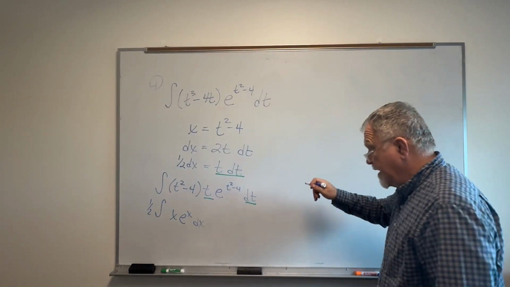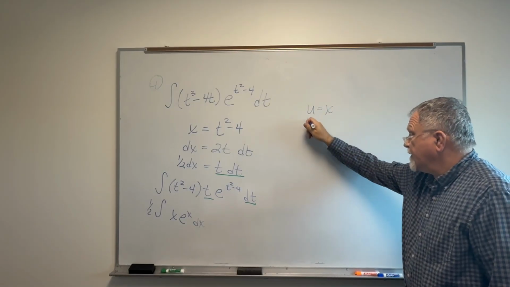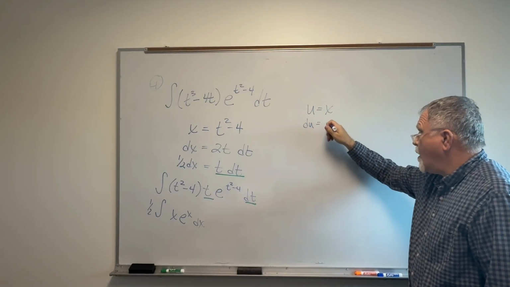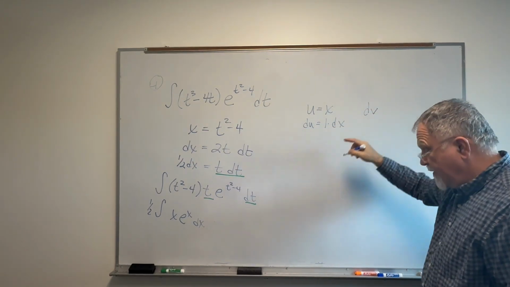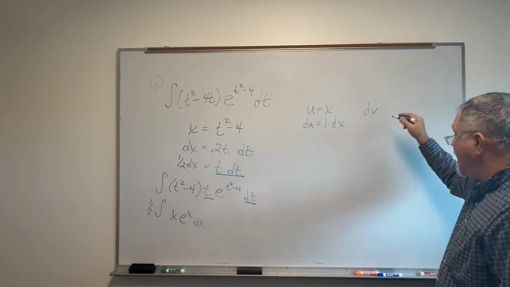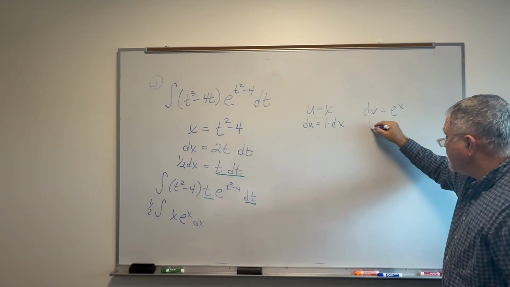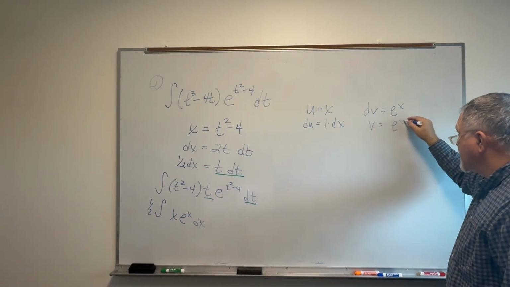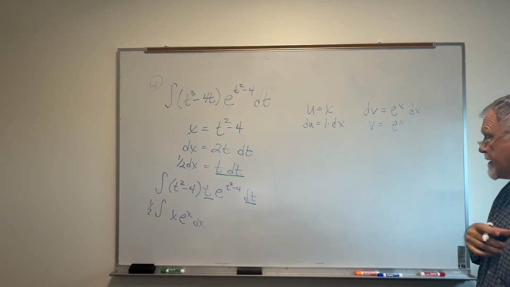So I'm going to say let u equal x. Then du is just 1 times dx. Let dv be e to the x. And then v will also be e to the x, because the antiderivative of e to the x is e to the x.